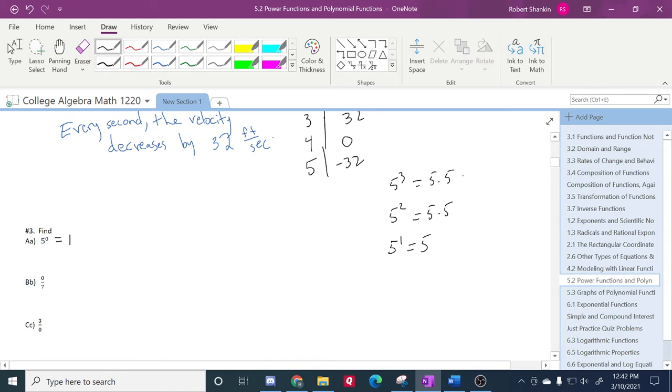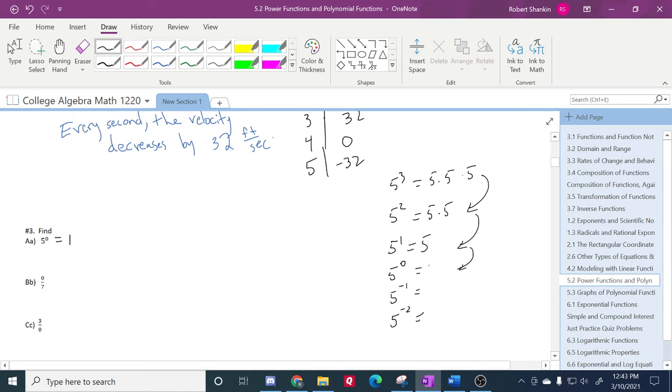So this is repeated multiplication. When you're getting into these things, it's got to be repeated division eventually for the negative exponents. So it's dividing by 5. And you notice if you move down this way, you got to divide by 5.